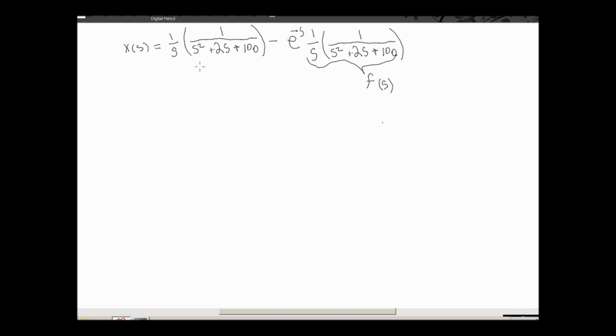Okay, so for this, we need to complete the square in order to turn this into something that we can actually work with. So the denominator there is actually equal to this. A quick check: when s is 0, this term here is 100, and when s is 0 here, this term here is 100. So these two things are equivalent.